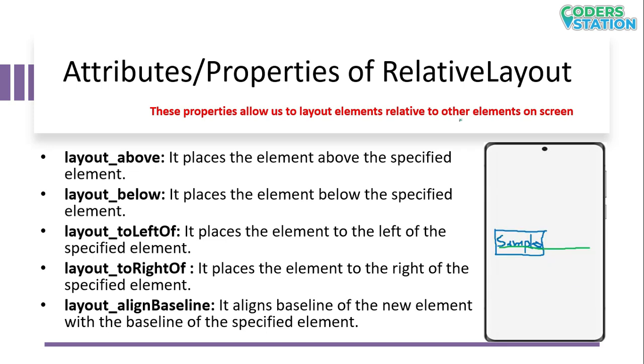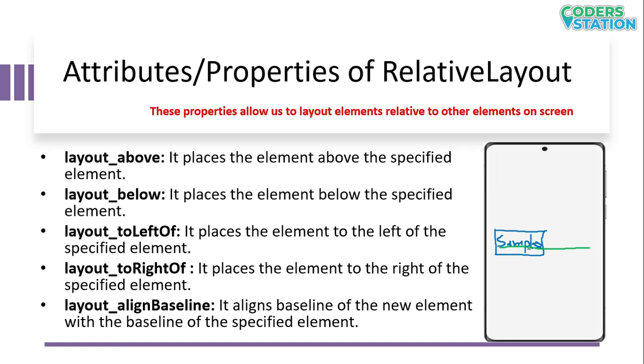Okay, so the next element is align baseline, layout underscore align baseline. In this particular property, the element that we will be placing new will be aligned with the baseline of the specific element which has been previously placed. For example, suppose this particular button is there with the text sample written in it.